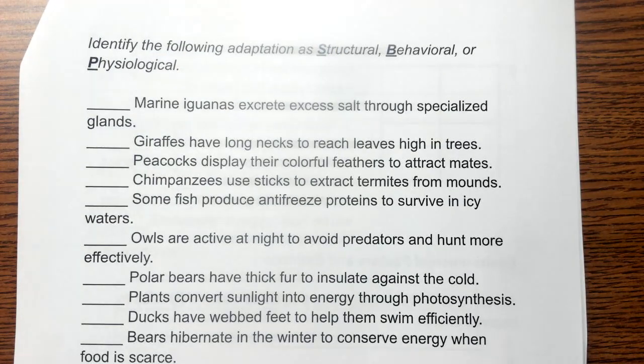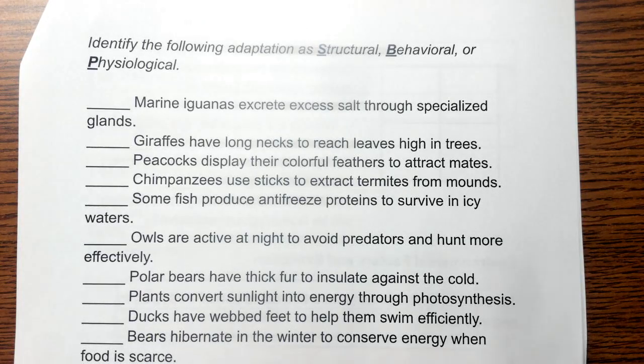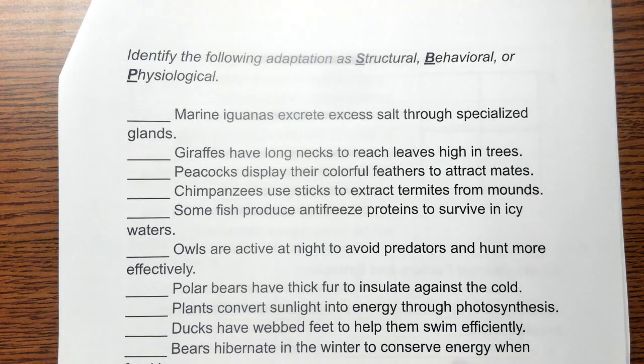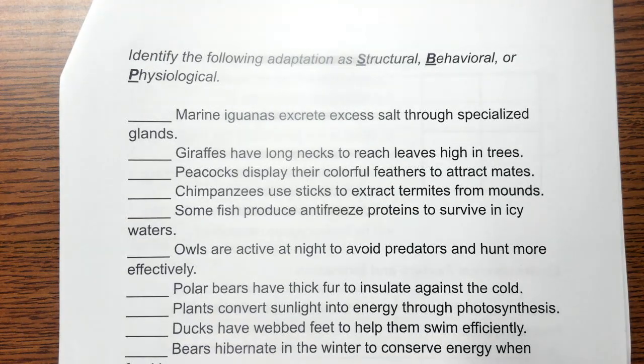Okay, moving on. We're going to go through this and categorize these as structural, behavioral, or physiological adaptations. Okay, so here we go. Marine iguanas excrete excess salt through specialized glands.